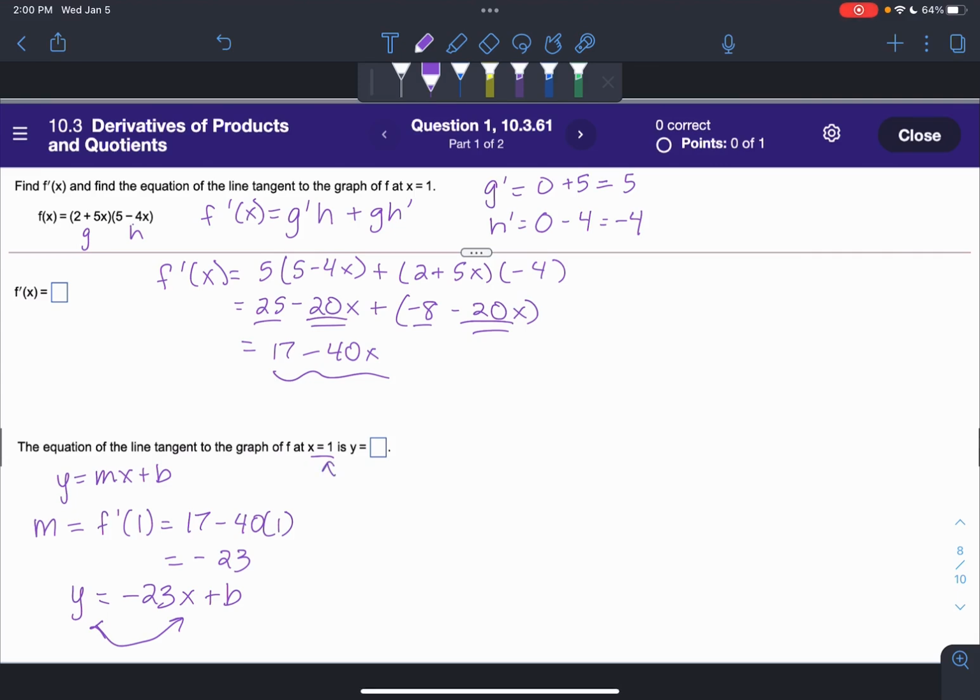So I want to find the corresponding y value, or f of 1, right? These are the same. So to find f of 1, we're going to go back to the original function up here and plug in 1 wherever I see an x.